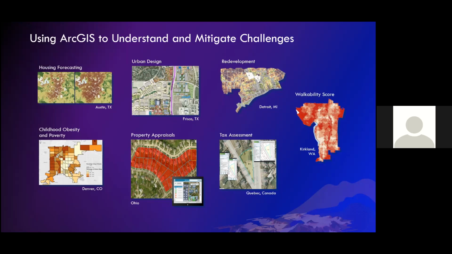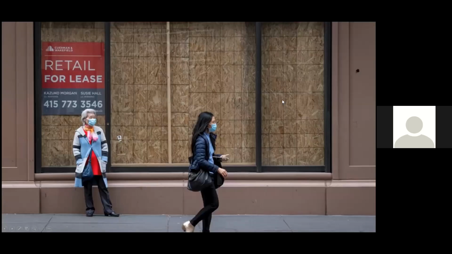And they've been using ArcGIS to solve challenges such as equitable property value and even quality of life issues. So things that you see here on the screen are different ways that people use our technology to solve challenges.